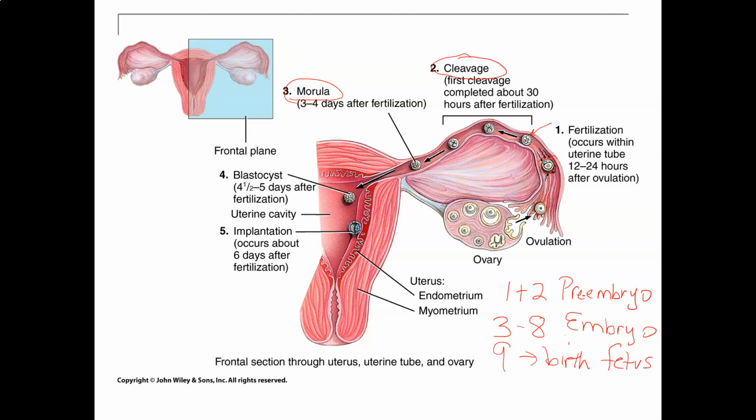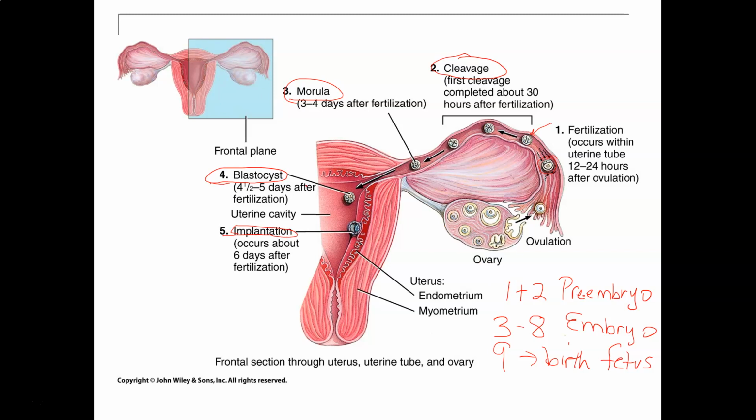And by the time it gets to the uterus, it's called a blastocyst. And it's going to be in the uterine cavity for a few days, and then it's going to embed itself into the wall of the endometrium. That's called implantation.